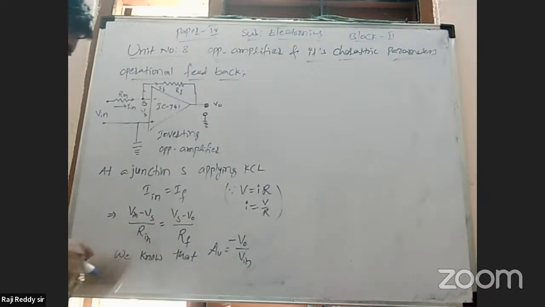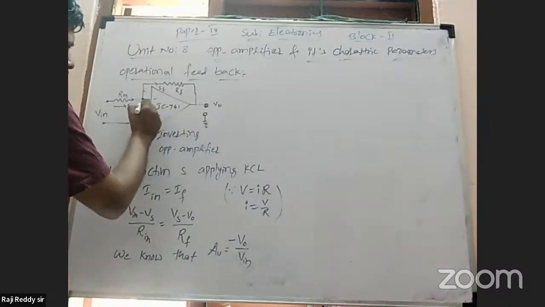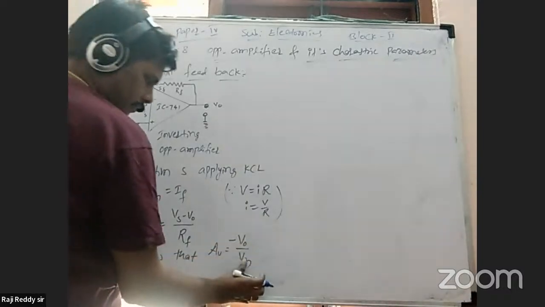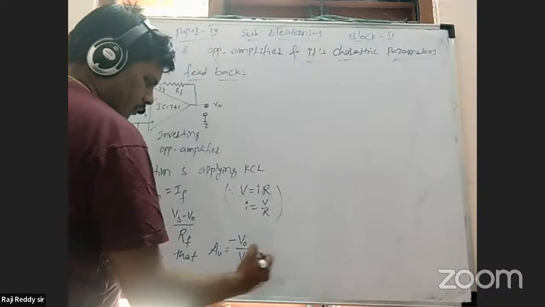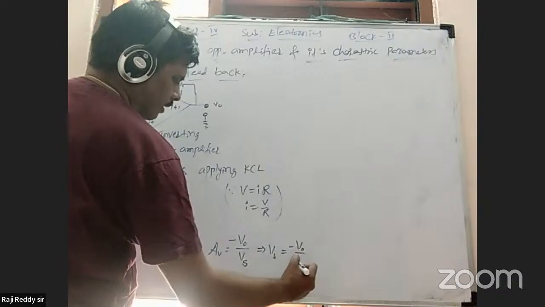Better to eliminate Vs. For the operational amplifier, output is V naught and input is Vs. So Vs equals minus V naught by AV.